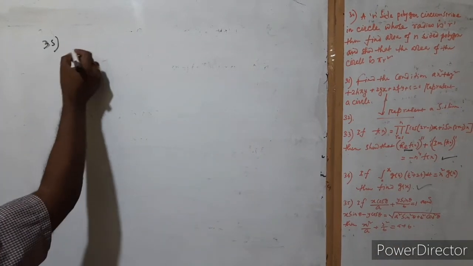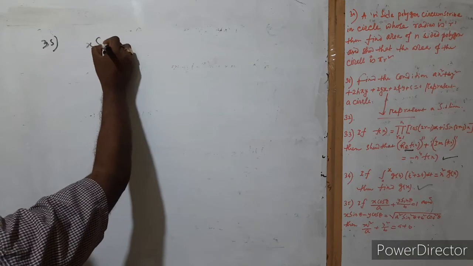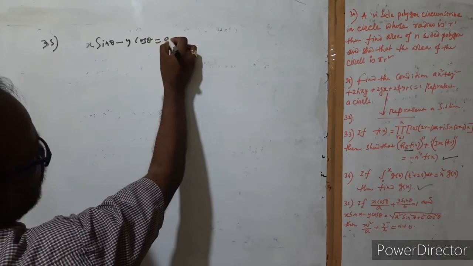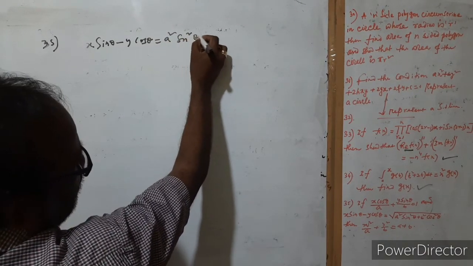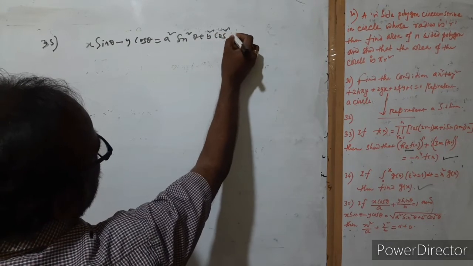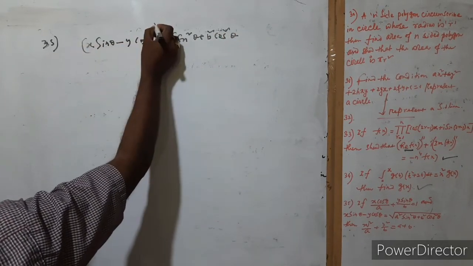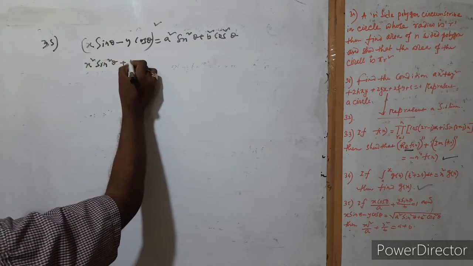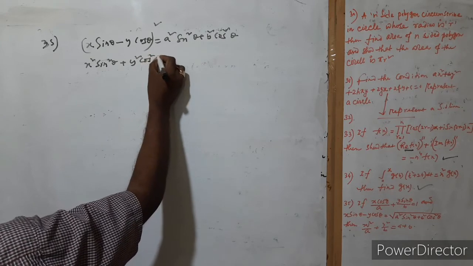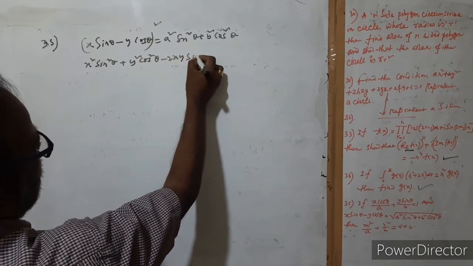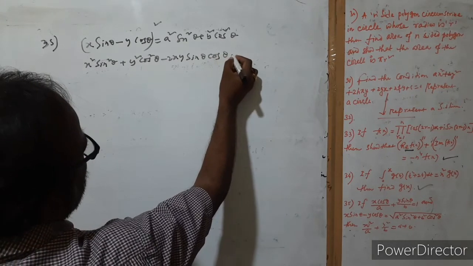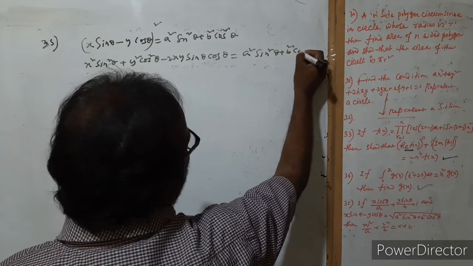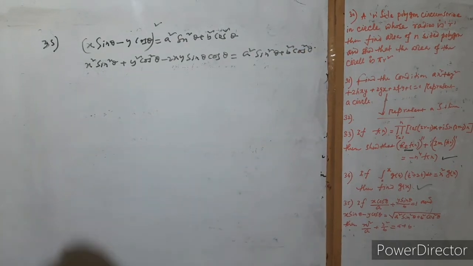Now the second equation you have to write here: x sine theta minus y cos theta is equal to the square root of a square sine square theta plus b square cos square theta, and squaring this. So you get here x square sine square theta plus y square cos square theta minus twice xy sine theta cos theta equal to a square sine square theta plus b square cos square theta.